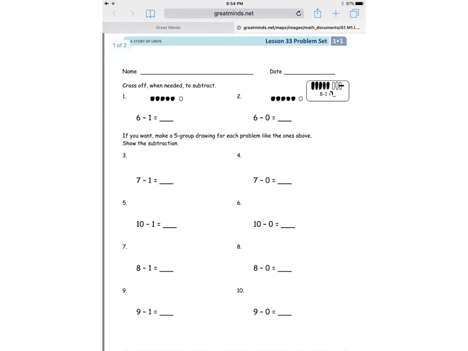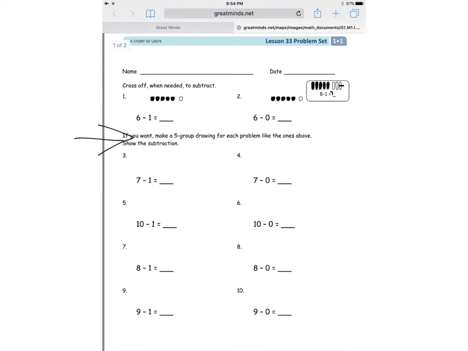Now the rest of the problems on your paper on the front look like this. Problems 3 through 10. So we are going to practice solving these using a group of 5 beads that we're going to draw. Here's the directions.